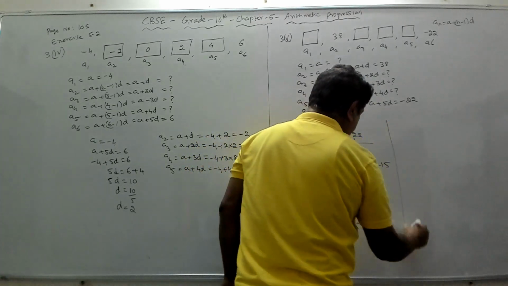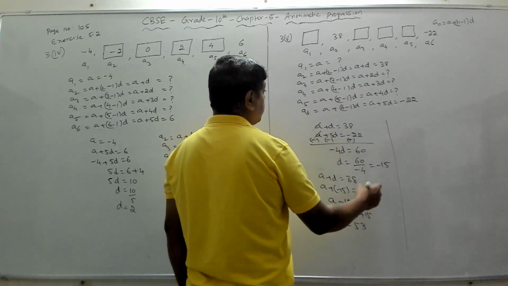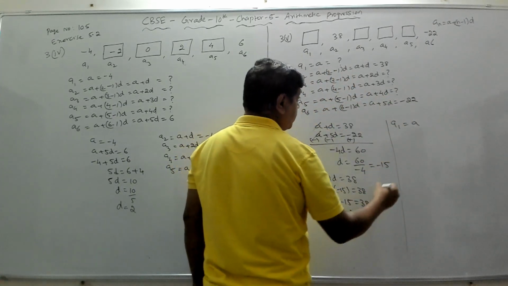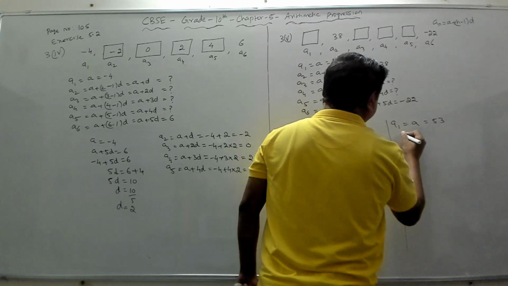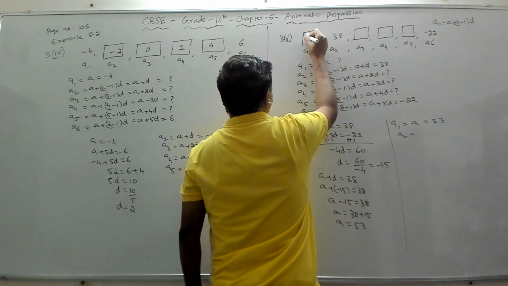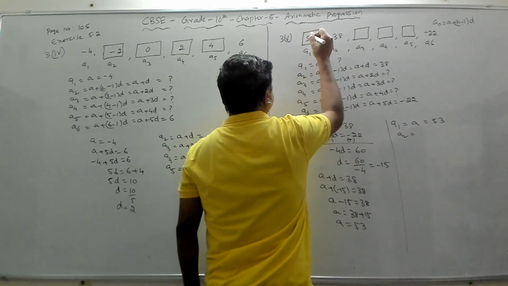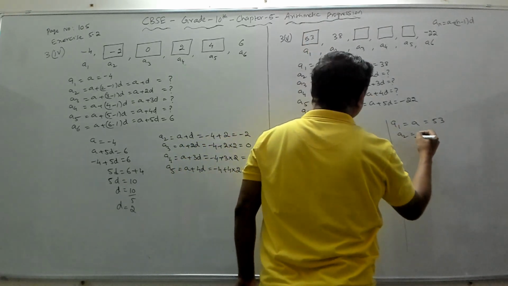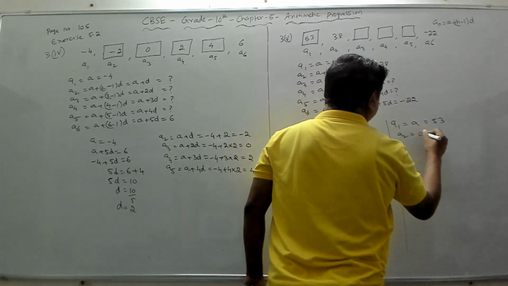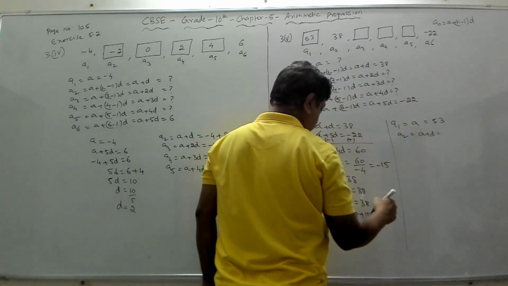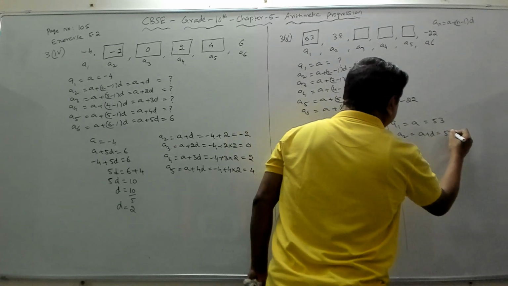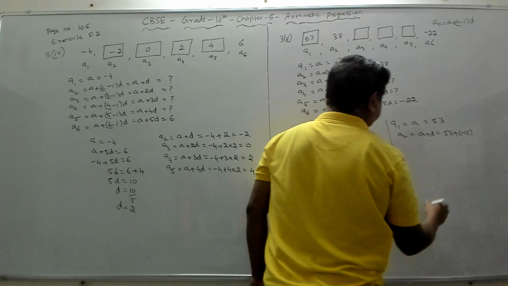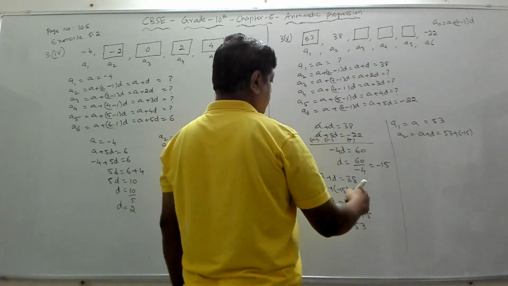Now let's find the other terms. So A1 is A, that is question mark, which is 53. I'll write that 53 here. Now A2 is A plus D, where A is 53 plus D is minus 15.